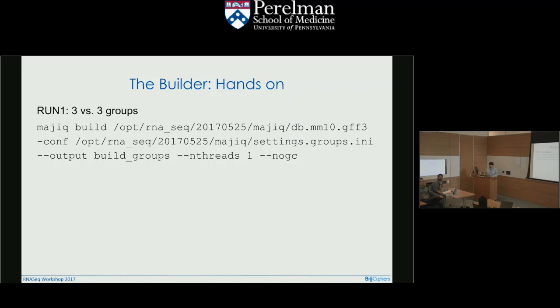Will it be faster if I use a higher number of threads? No, you want to be nice to the other people, because we're all sharing that virtual cluster that Anand created for us, which is one of the reasons we limited it to 30 participants. And the thread division is based on how many genes are in your database, right?